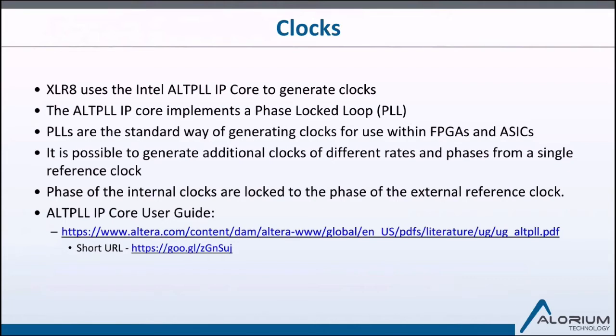Using the PLL, it's possible to generate additional clocks that are running at a different rate or frequency and different phases relative to the reference clock that comes into the chip. The phase of these internal clocks are locked to the phase of the external reference clock. To learn more about this IP core, you can go to the user guide available on the Altera website at the link shown here.